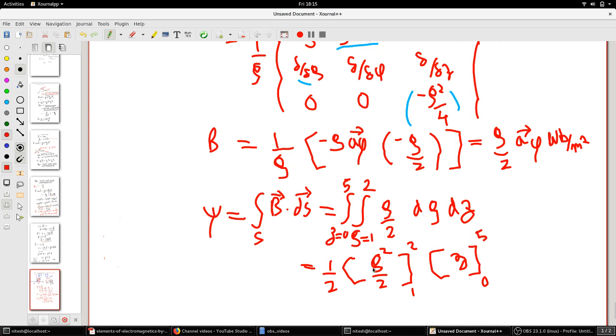So this will be like half into 4 by 2 minus 1 by 2 will be 3 by 2. That's 3 by 4 into 5 will be 15 by 4.